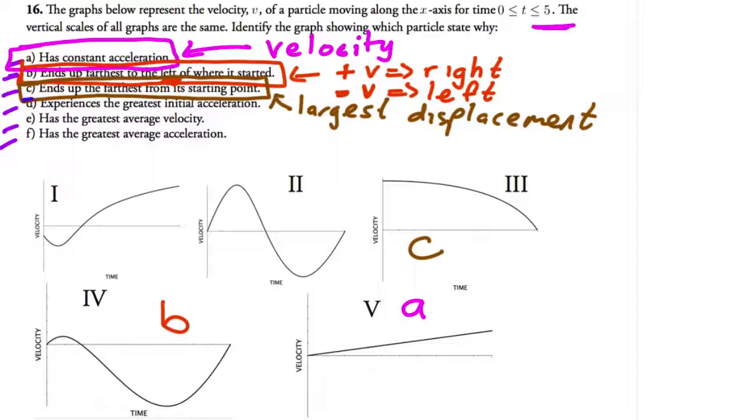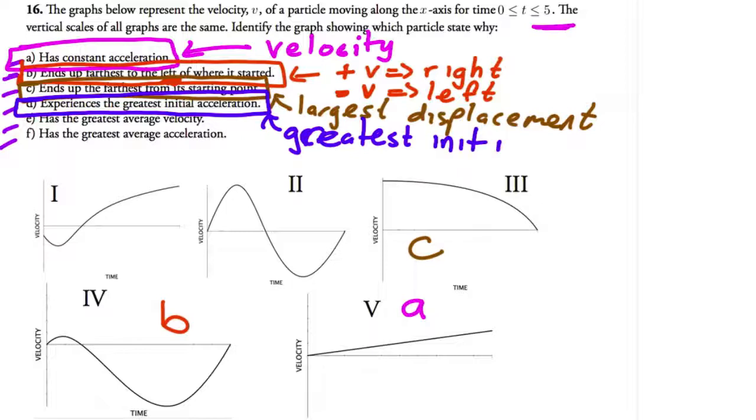Now, the next one: which one experiences the greatest initial acceleration? What aspect of the graph are we looking at? Notice these are velocities. So the greatest initial acceleration means that, if we're looking at the velocity, we're looking at the greatest initial derivative.